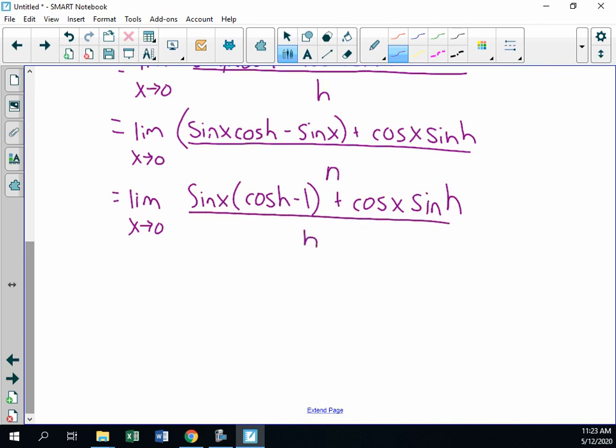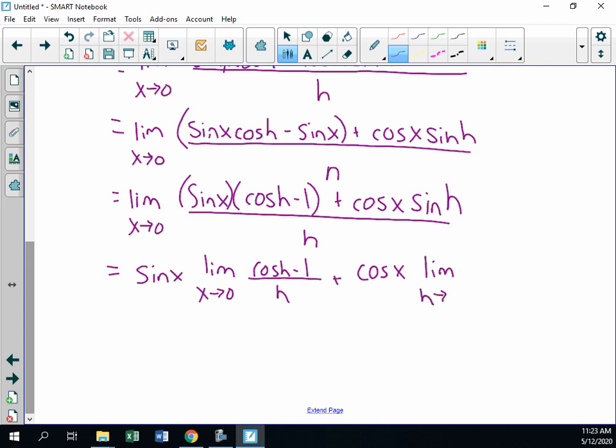Now, if you remember, I can split this up into two. I'm going to pull out this sine x and write it as a limit as h approaches 0 of my cos of h minus 1 over h, plus this cos of x and my limit as h approaches 0 of sine h over h.